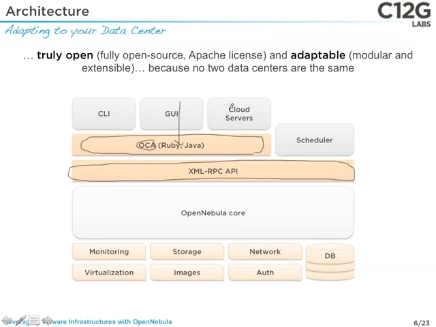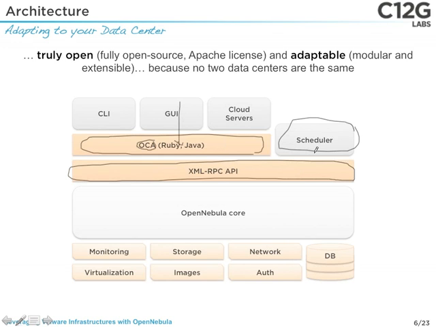And also the cloud services, meaning the public cloud APIs that OpenNebula implements, like for instance a subset of the Amazon EC2 interface, and also the OCCI standard, which is the OGF initiative to create a standardized interface to manage clouds. It's also worth mentioning that the scheduler is a separate process that extracts information from the OpenNebula core and tells it how to place the VMs in which physical hosts.